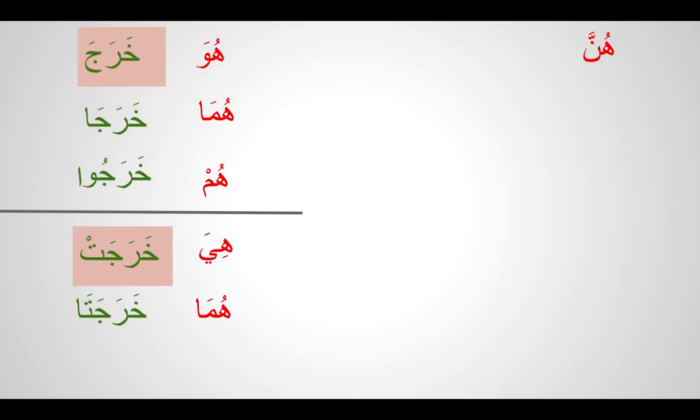In the verb as well, it demands that the sukoon has to come. So where do we get the sukoon here? Hunna will ask that the lam kalima, you know, the fa kalima, the ain kalima, the lam kalima, the last letter of the verb, has to have the sukoon.